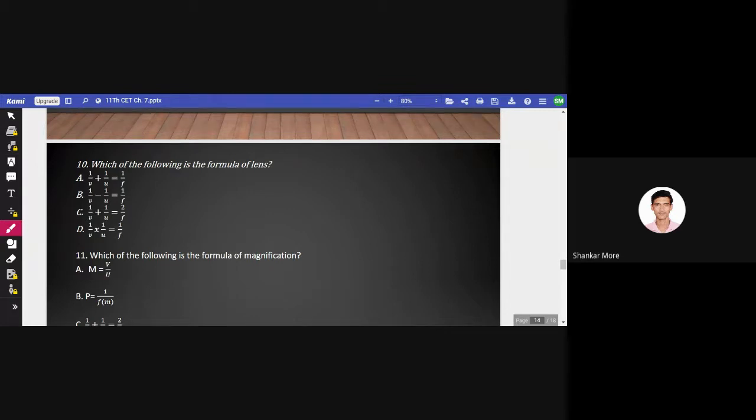Are you sure about it? Write down in the chat box, students. B is the correct option. It should be minus, it is not positive. 1 by v minus 1 by u is equal to 1 by f. So this is the correct formula, this one, B.